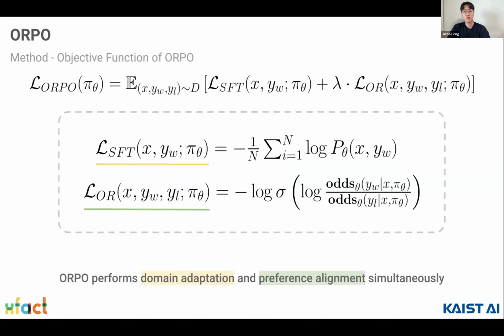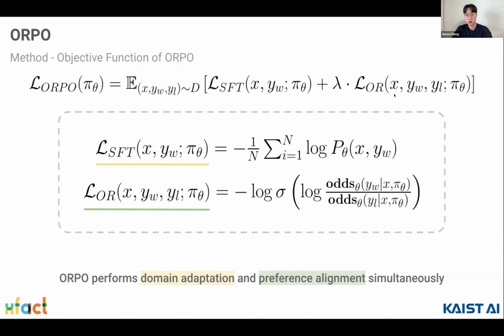So let's go through the loss function. It is pretty simple because the loss function for ORPO comprises 2 different parts. The first part is the LSFT, which we discussed already. It's just minimizing the negative log likelihood, so it is adapting the pre-trained language model to the desired domain. But what is different is that we are doing SFT on top of the chosen responses only, so that we can push the model to learn the chosen styles in priority.